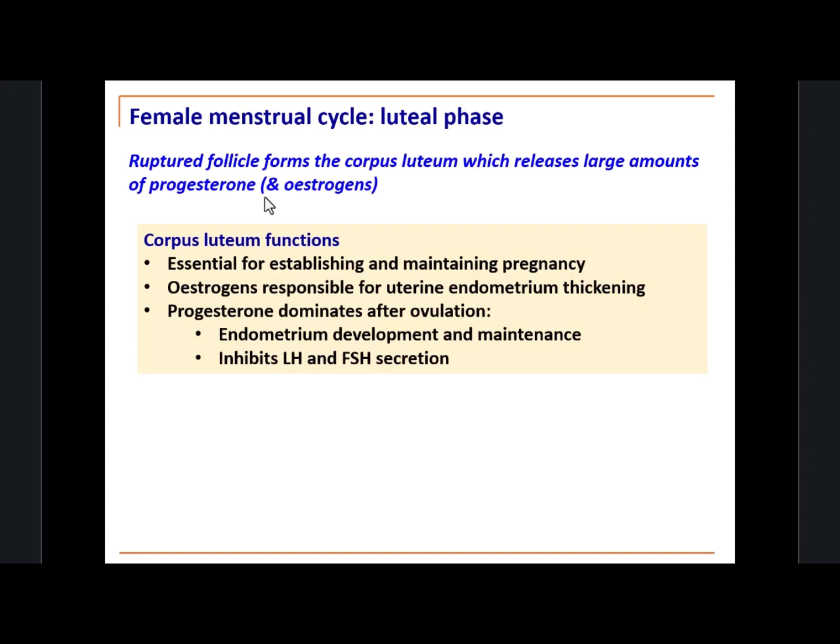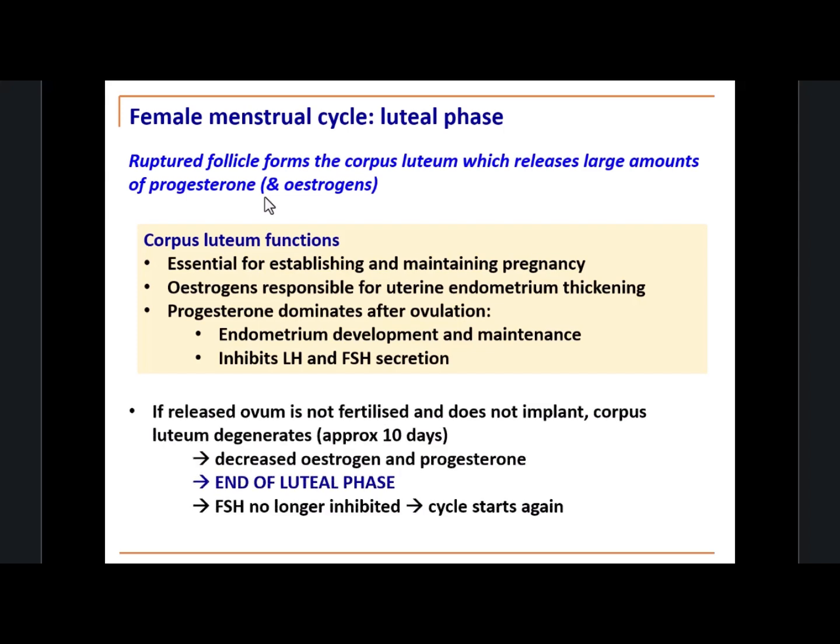So the corpus luteum is producing high levels of progesterone, and that progesterone is inhibiting LH and FSH. And remember, it is LH that keeps the corpus luteum alive. So the progesterone inhibits LH, so therefore LH levels drop, meaning the corpus luteum will die unless fertilization takes place.